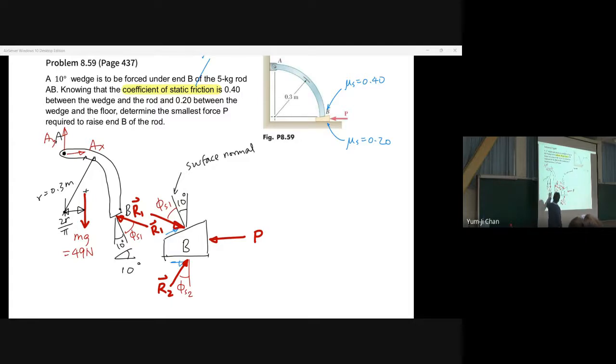So can we do something on AB? After you draw the free body diagrams, think about whether we can do anything on AB.